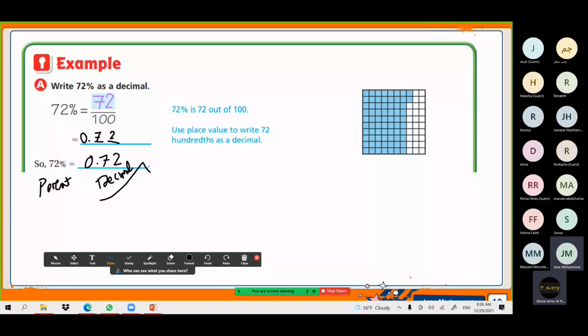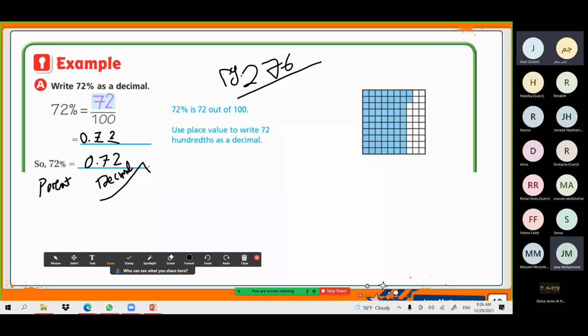All of you, please open your book, page 276, just a minute. And write this example here. I wrote it. Okay, I will write it.